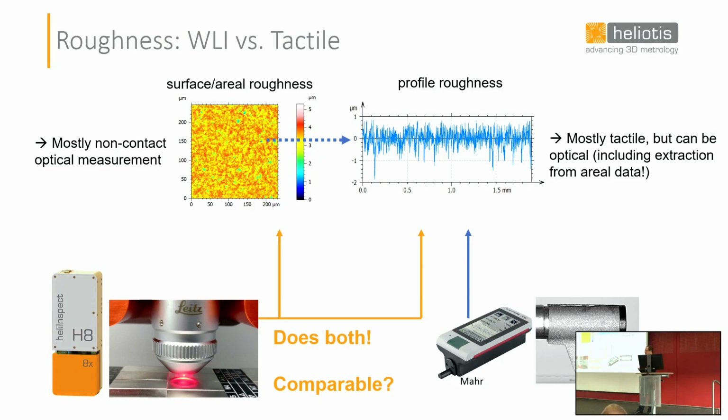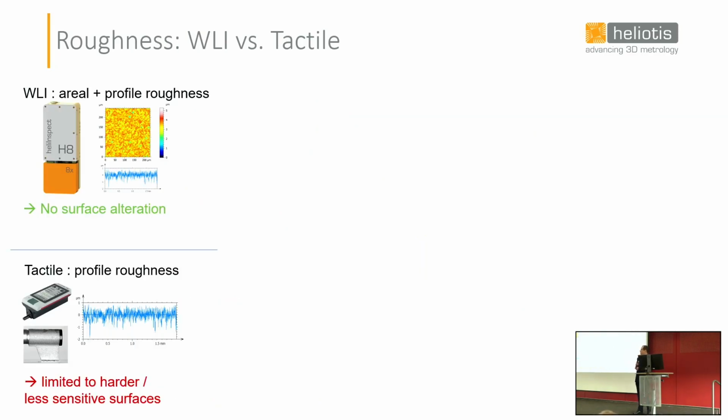So basically, if you measure an area, you can actually measure both roughnesses. So the natural question that arises: how do they compare? So for that, let's compare very quickly, in this case, our Heliotis white light interferometer with pretty much any tactile measurement probe.